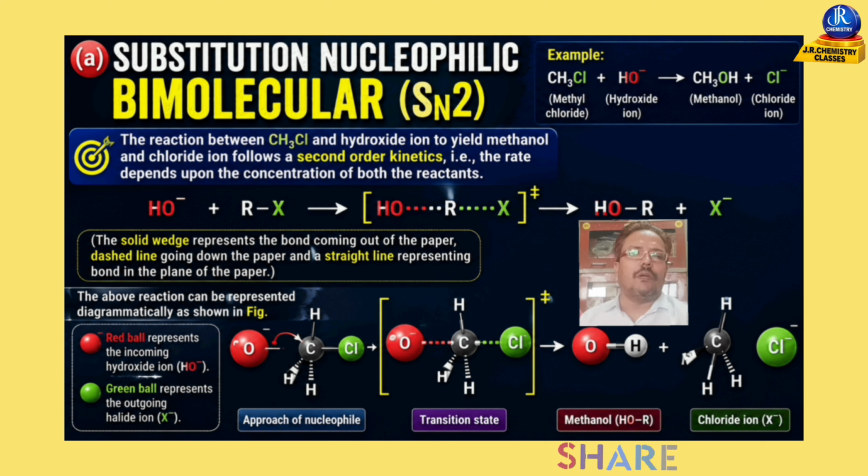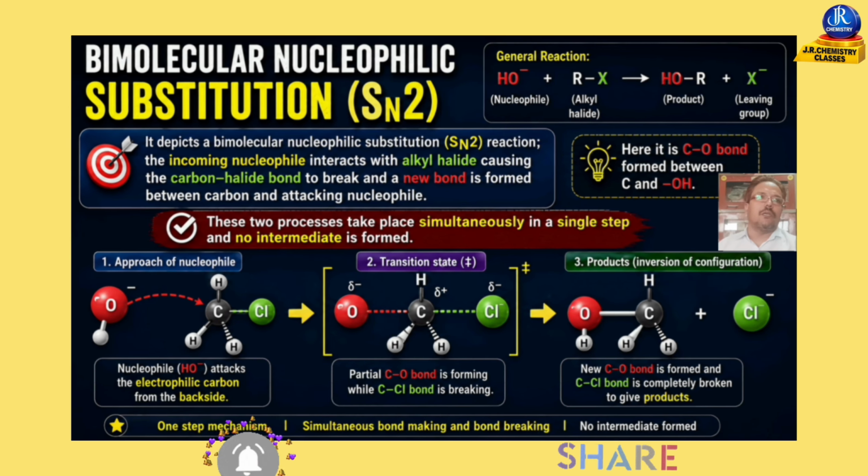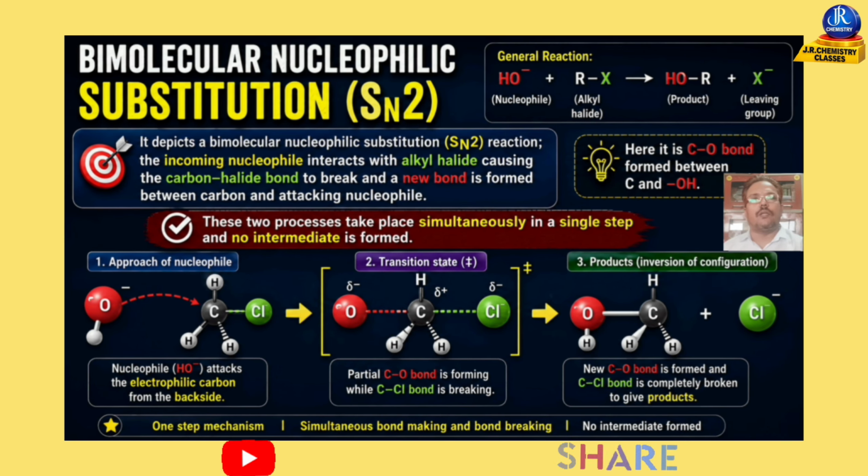The above reaction can be represented diagrammatically as shown in the figure. The red ball represents the incoming hydroxide ion, and the green ball represents the outgoing halide ion. It depicts a bimolecular nucleophilic substitution SN2 reaction.